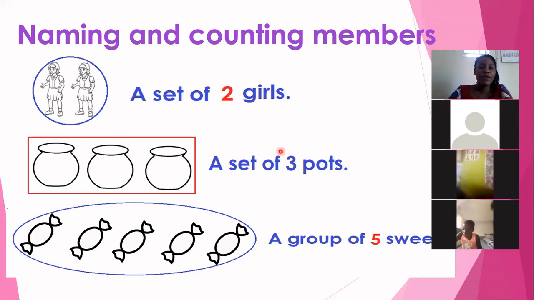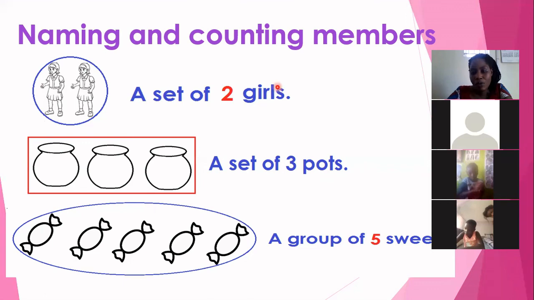So if you look at the first set, we have their girls. And those girls, we are going to count them. Follow me. We have 1, then we have 2. Now our answer will be a set of 2 girls.